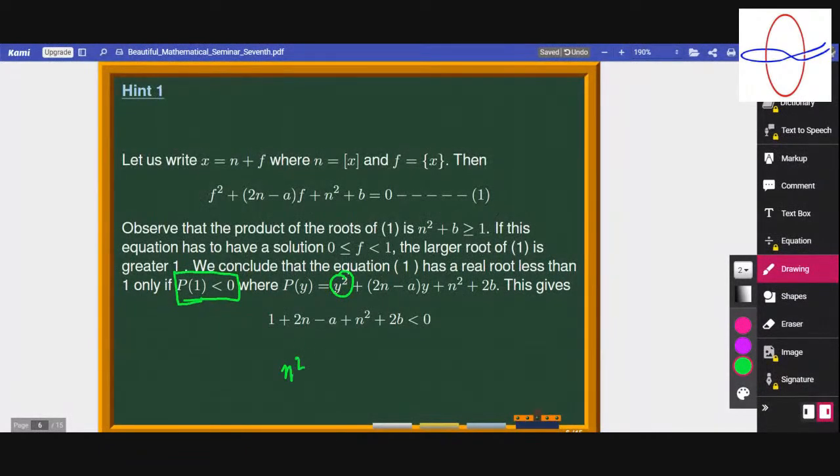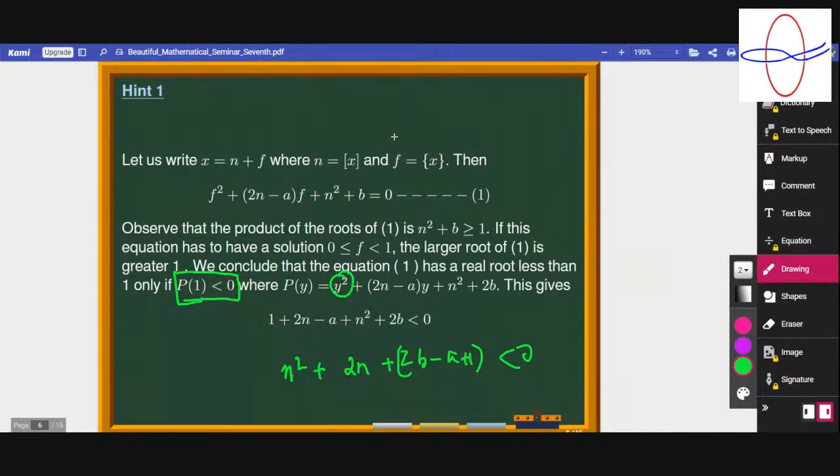We get n square plus twice n plus twice b minus a plus 1 is less than 0. Okay, guys?